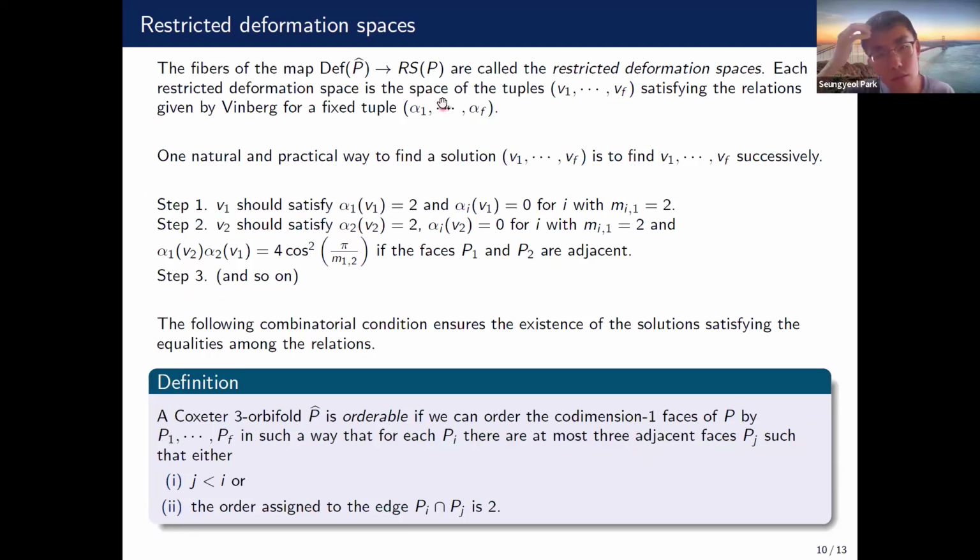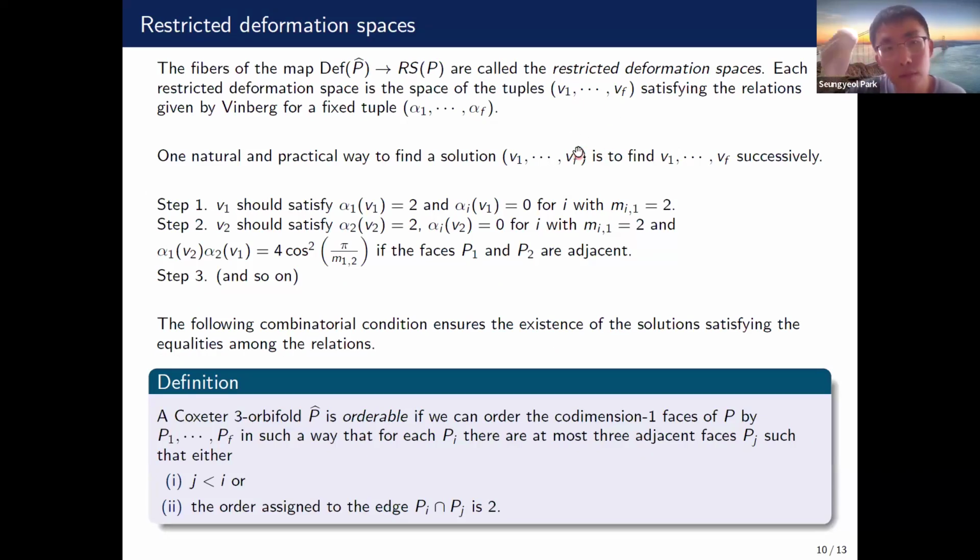Each fiber of this map is called a restricted deformation space. Each fiber is precisely the space of real projective structures sharing a common fundamental domain, so to speak.